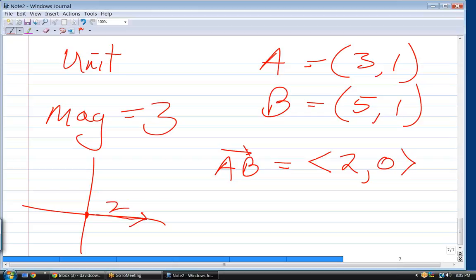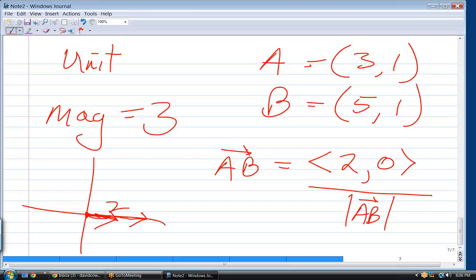Well, they want this vector right here. The same direction, only a magnitude of 1. That's what unit vector means. And the way you get it is you take your vector and divide it by the magnitude. If I take AB and divide by the magnitude of AB, and this looks like an absolute value sign, but it's not absolute value, it's magnitude.